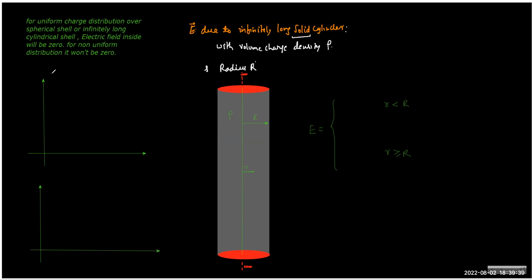So are you guys solving the question? The solid cylinder? Please do it. You got the answer? Yes, for the first one, it is rho r by 2 epsilon naught. Excellent. And for the other? I'm getting rho big R square upon 2 epsilon naught r.